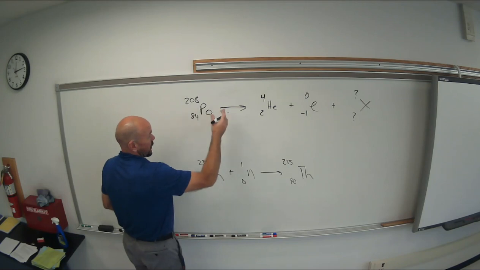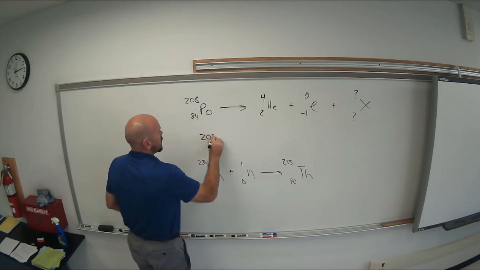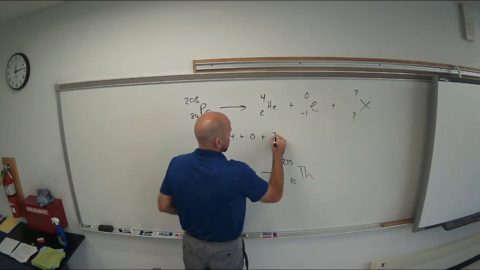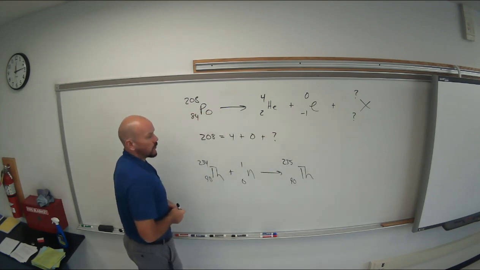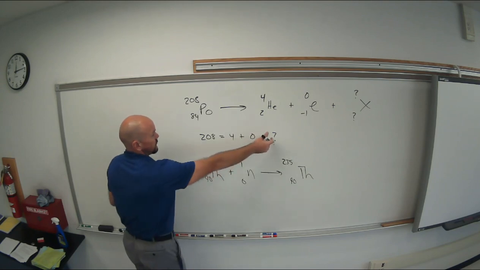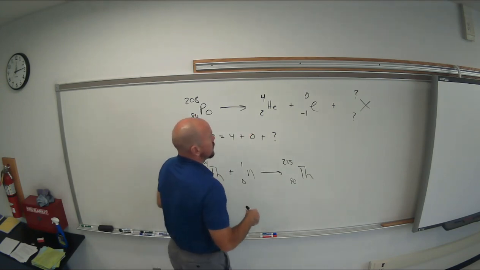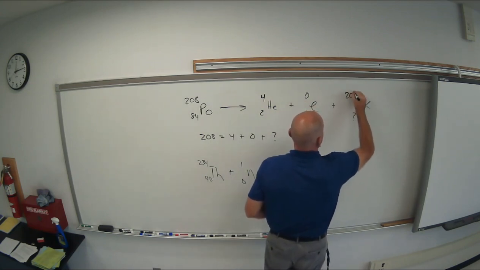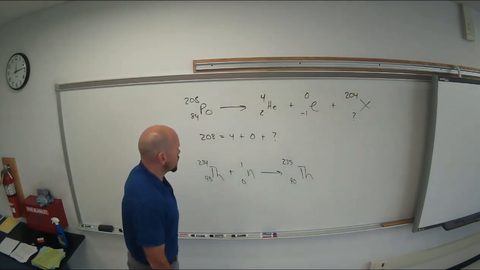So if you want to set it up like an equation, you could say 208 equals 4 plus 0 plus our unknown x, okay? So to solve that, we just subtract 4, subtract 0, so 204, okay?